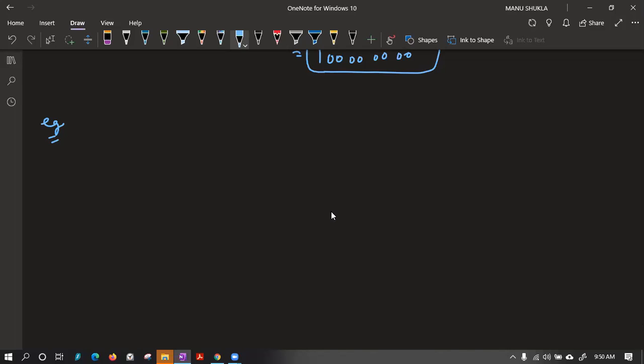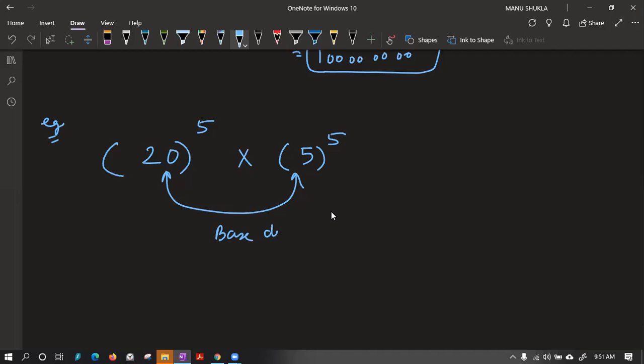I was saying, suppose you have 20 power 5 into 5 power 5. In this case, what we can observe is the bases are different and the exponents are same.